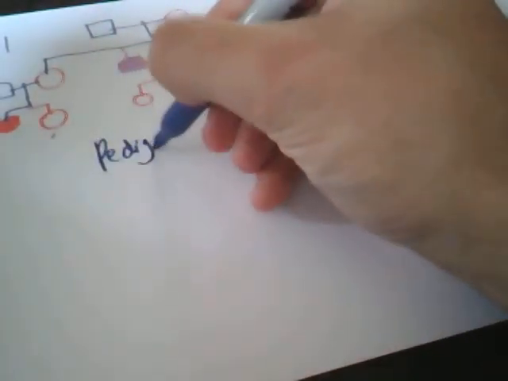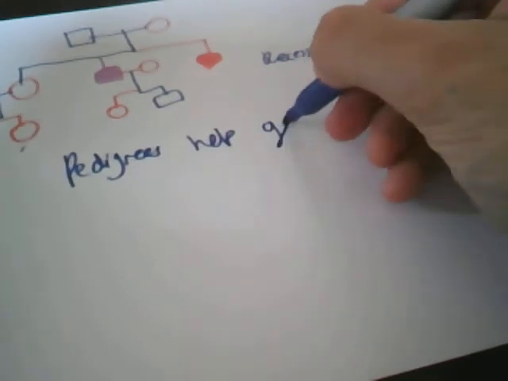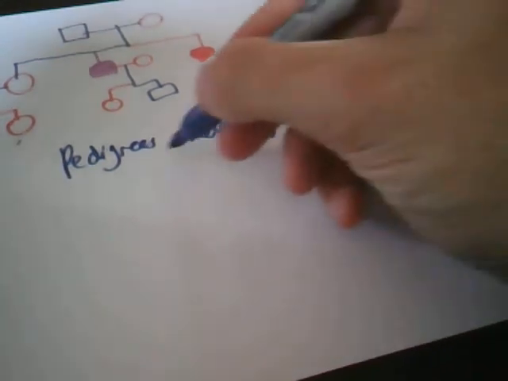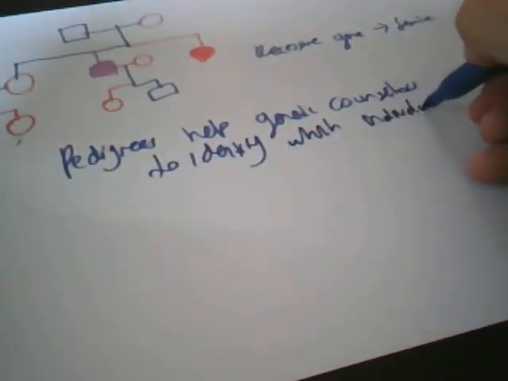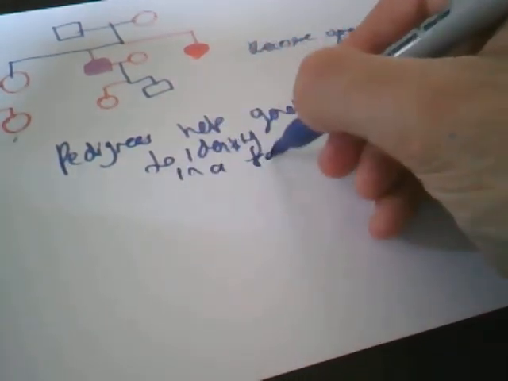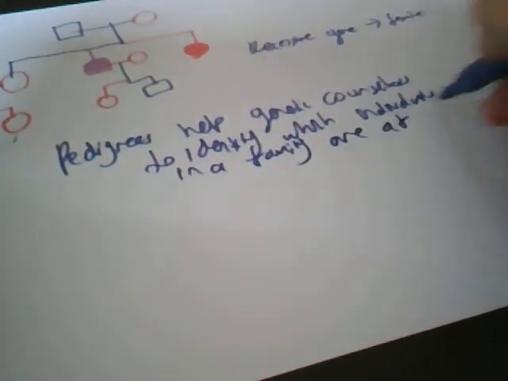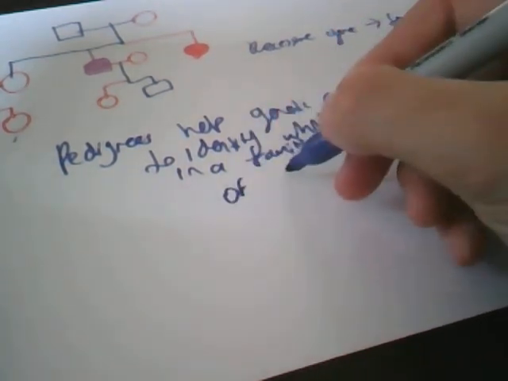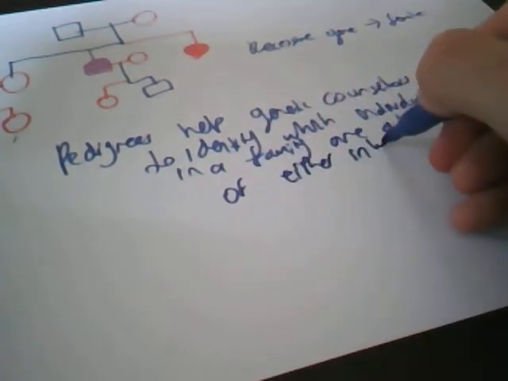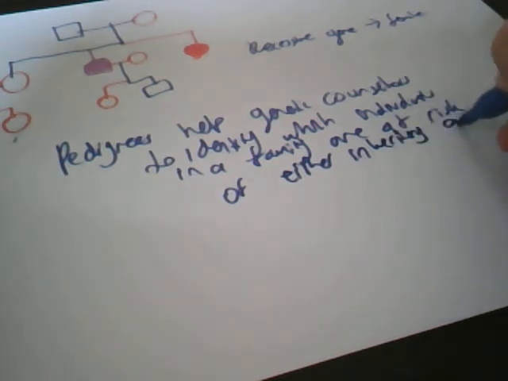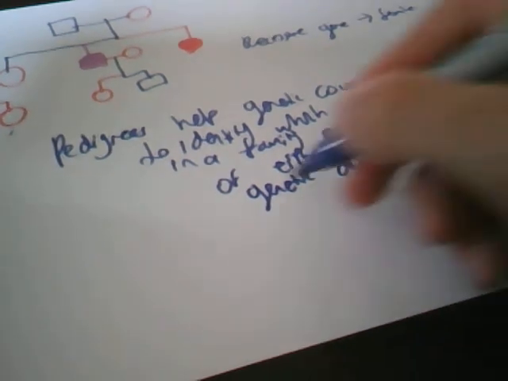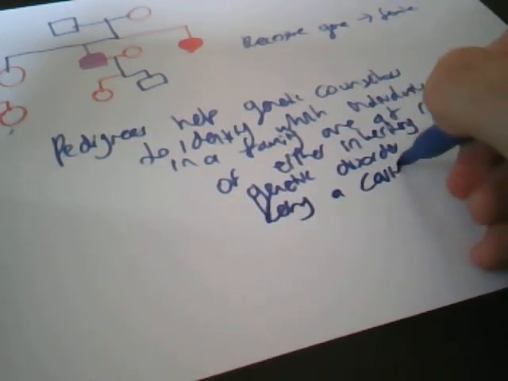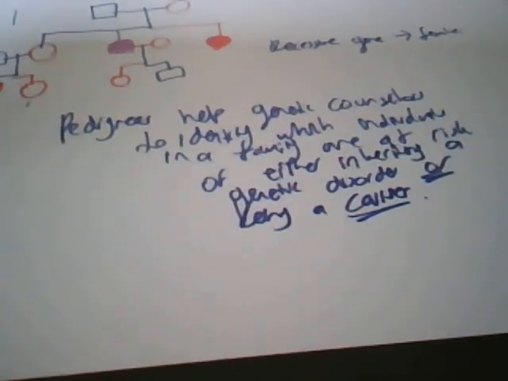I should also mention that pedigrees help genetic counselors and scientists to identify which individuals in a family are at risk of either inheriting a genetic disorder or being a carrier for a disorder. And that's pedigrees in a nutshell.